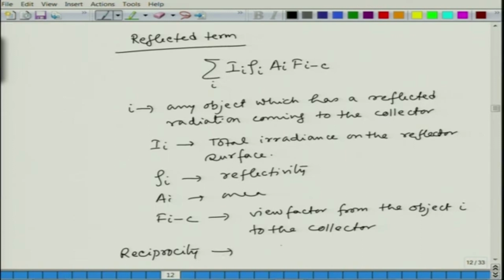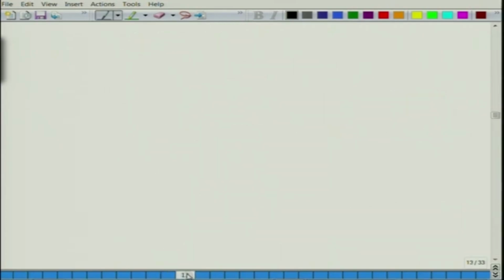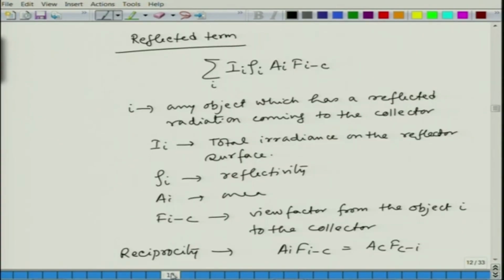Reciprocity means AI multiplied by FIC will be equal to AC multiplied by FCI. Okay. So, this you have seen earlier, and here we need to remember that this reflectivity is diffuse reflectivity.